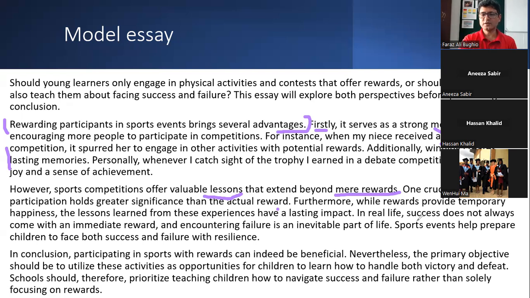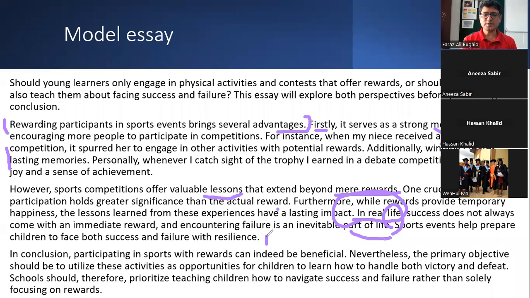In real life, success does not always, actually, for example, here there should have been a word, for example. Yes, that would have made it more clear. For example, in real life, success does not always come with an immediate award, and encountering failure is an inevitable part of life. As a result, there should have been a connection as well here. Sports events help prepare children to face both success and failure with resilience, right?